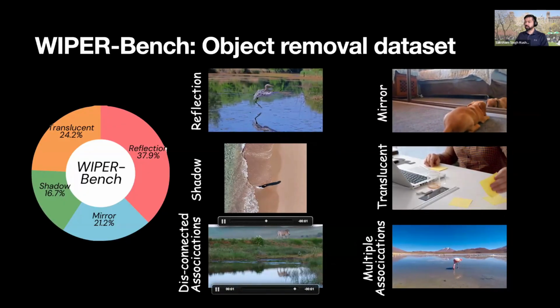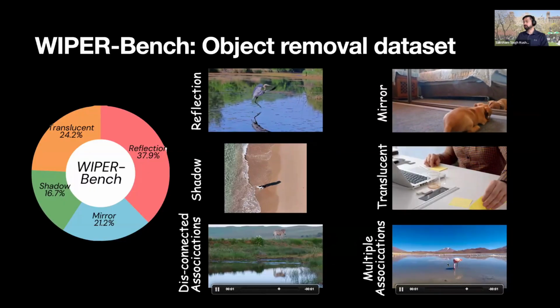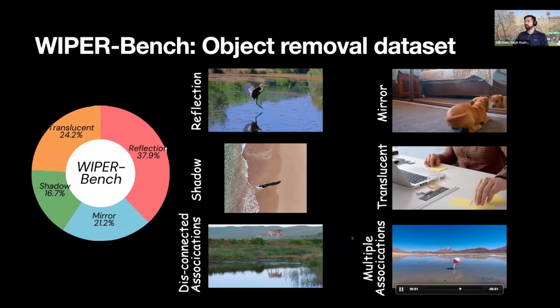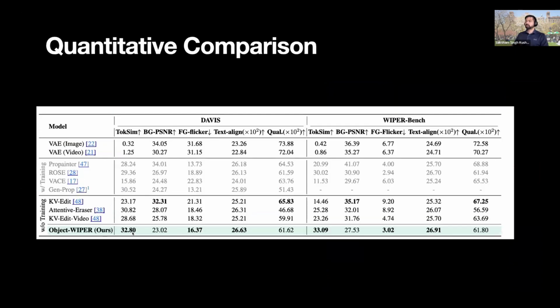There are also scenarios with an object and its disconnected effect, and multiple associations like both its reflection and shadows.